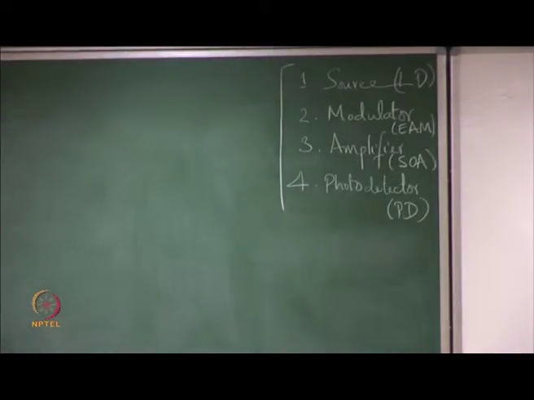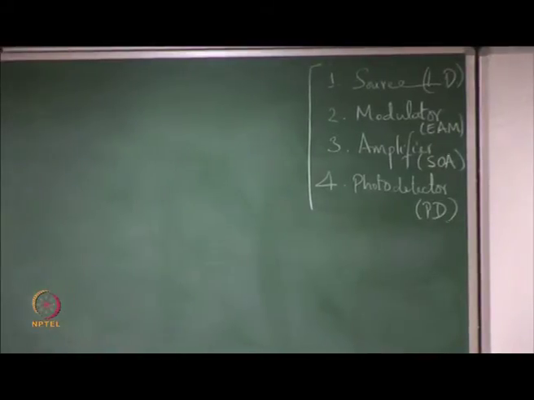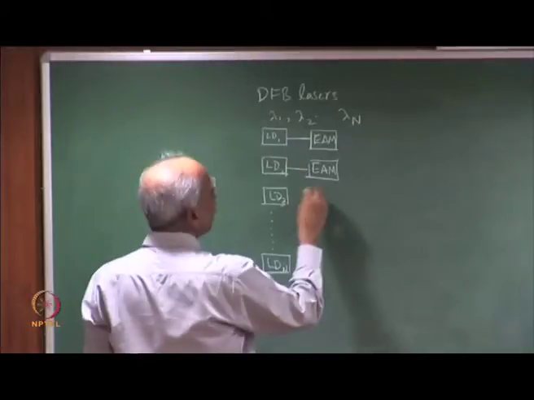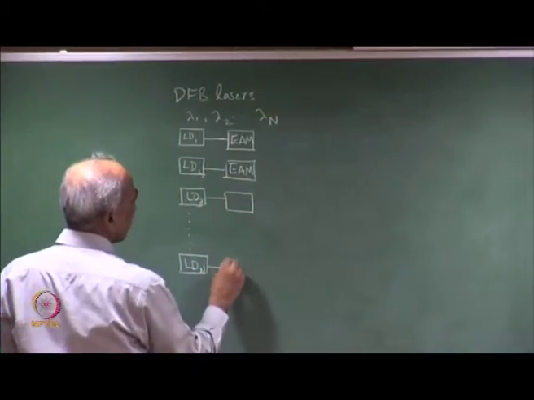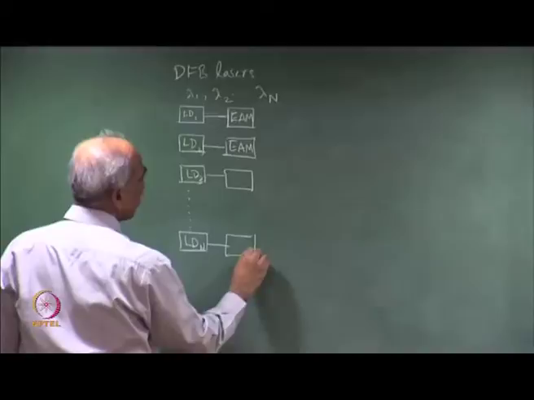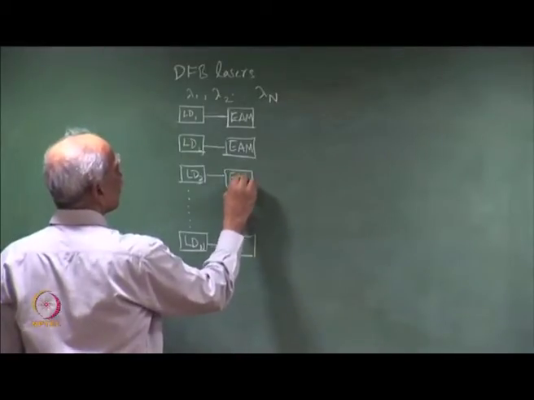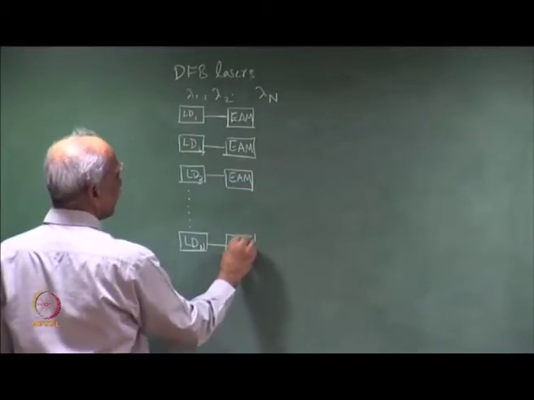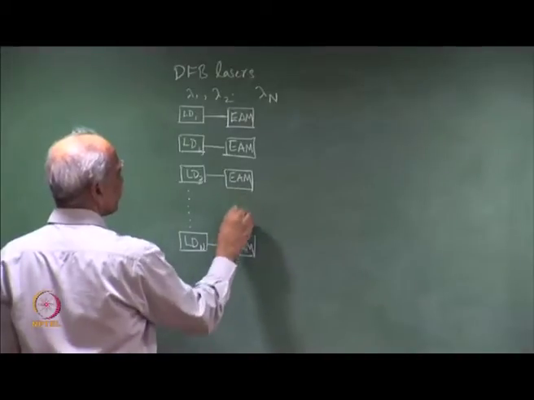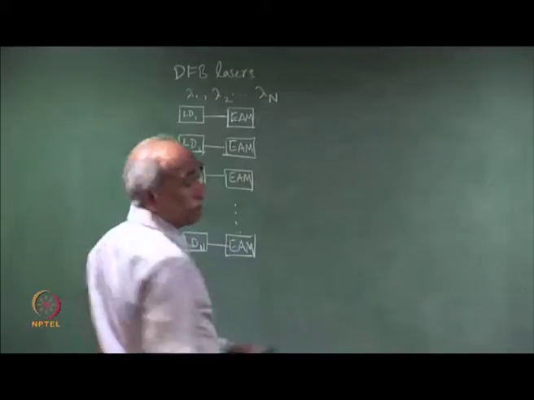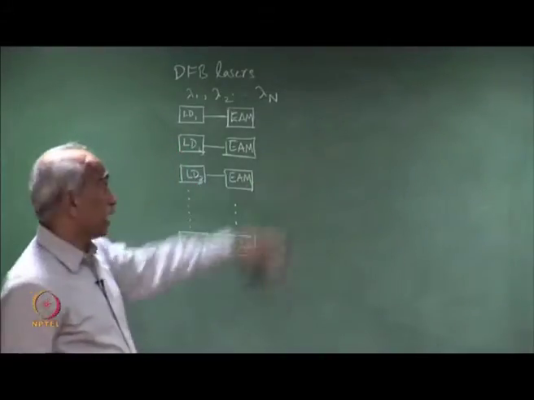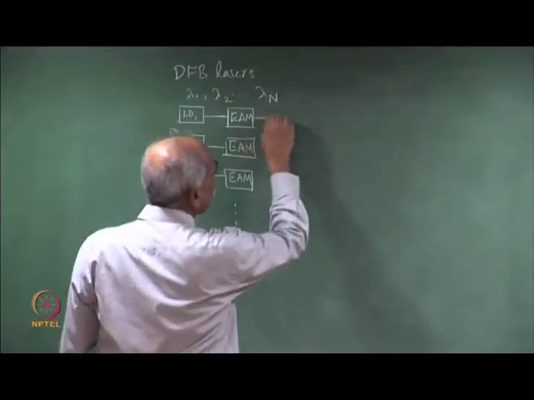So, EAM, electro absorption modulator, EAM 1, 2 and so on. So, let me write it EAM. The output of these, there could be more elements, there could be an amplifier right here.